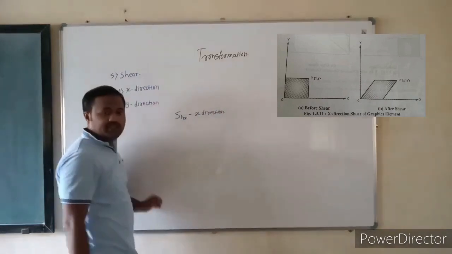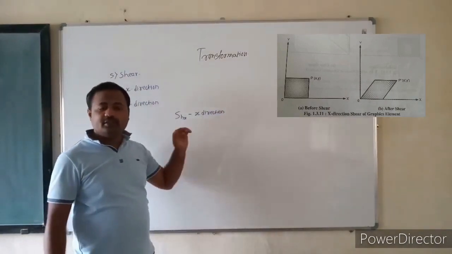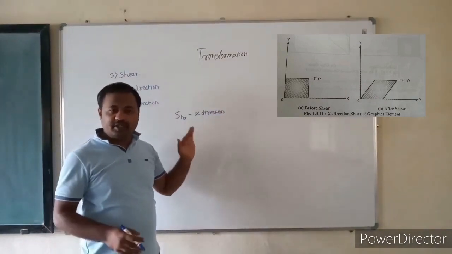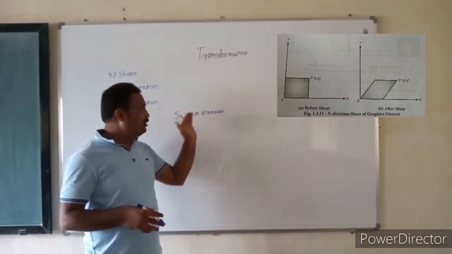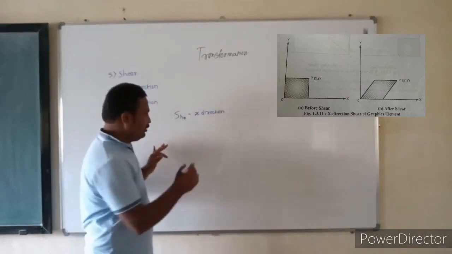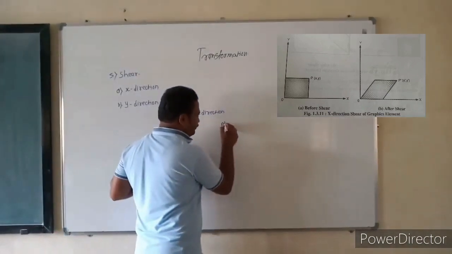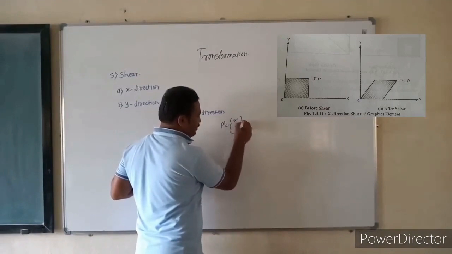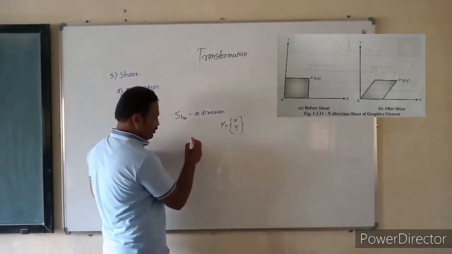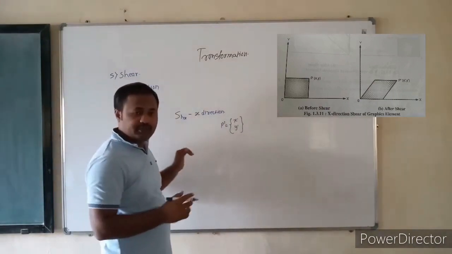For finding the value of new coordinates, only X direction shearing, P dash is (x dash, y dash).